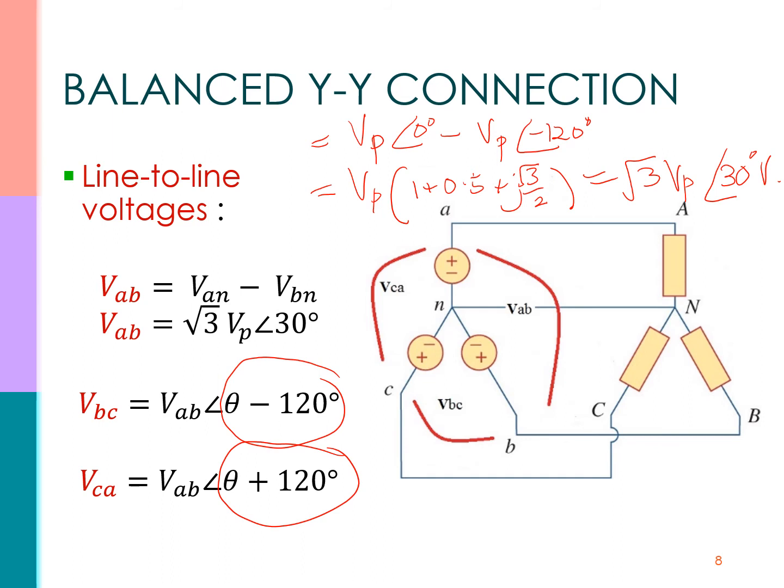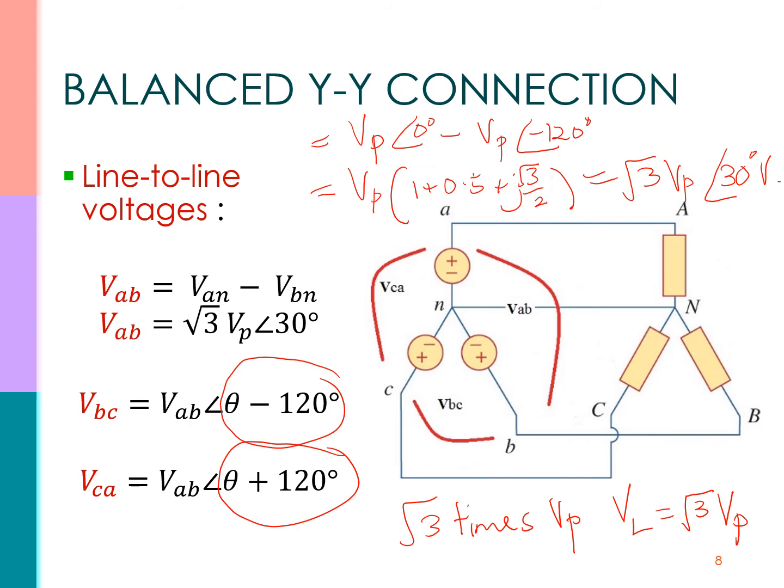So the magnitude of the line voltage is square root of 3 times the magnitude of the phase voltage, or we can say V line is equal to square root of 3 V peak for a line-to-line voltage.